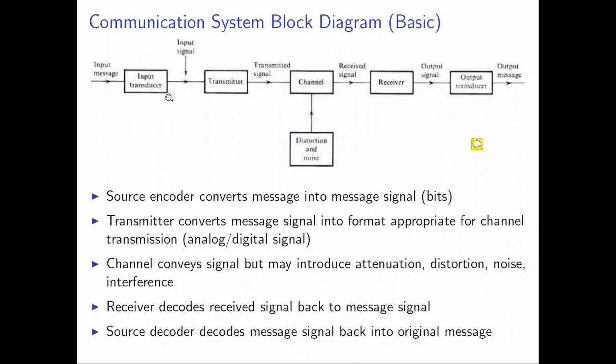What's a transducer? Let's say a microphone. Anybody knows that an example of a transducer is the microphone, the microphone in your mobile phone, the microphone when you talk to the public. What does it do? It takes your analog signal, the speech signal, and converts it to an electrical signal.